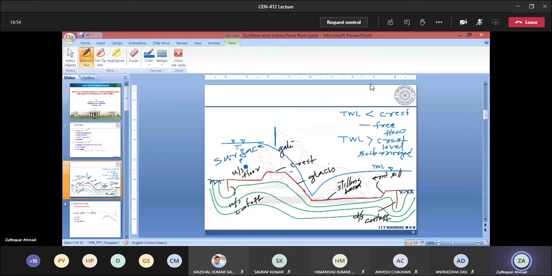Once we are designing the structure, we'll be interested to know how much discharge will pass at a certain level. So let me write here and say this is the head.